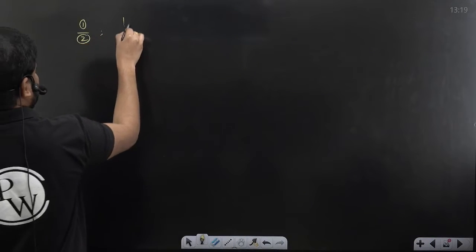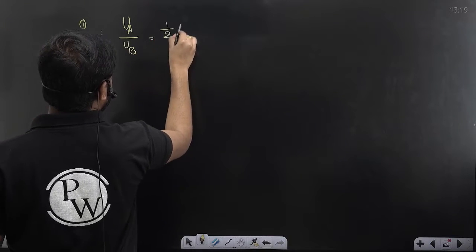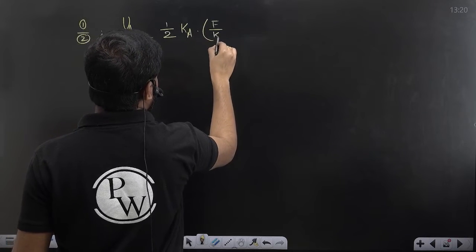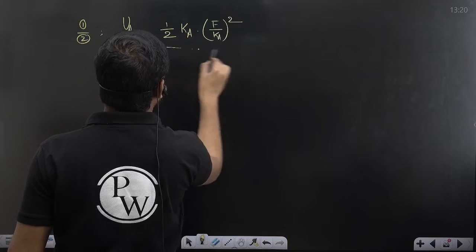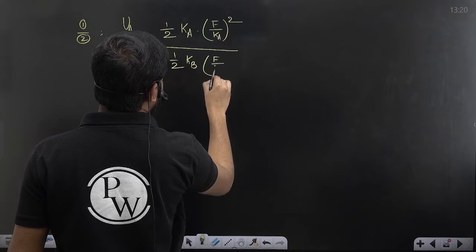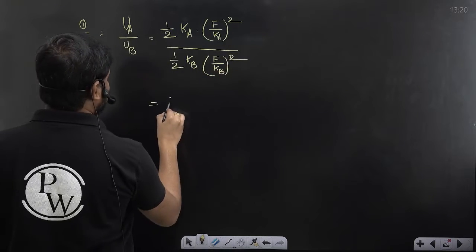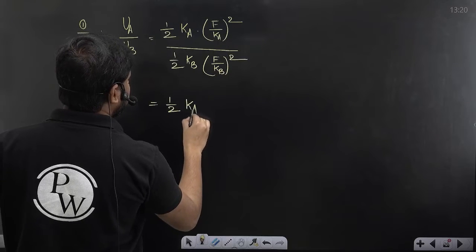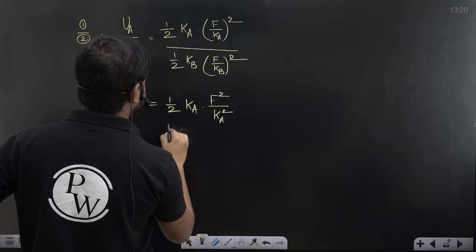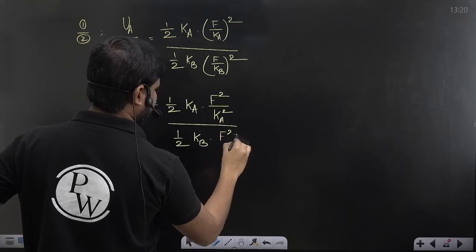So which is nothing but UA by UB is equal to half Ka into F by Ka whole square, by half Kb into F by Kb whole square. So then I can write this as half Ka F square by Ka square, by half Kb F square by Kb square, right?